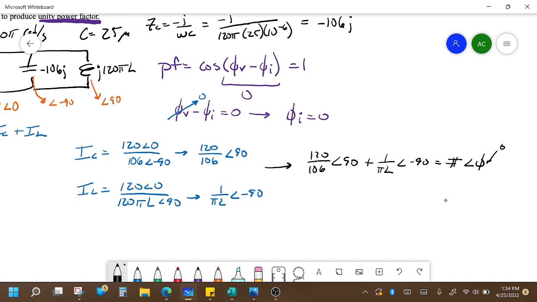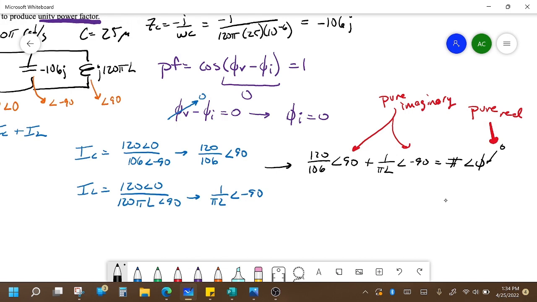Considering that an angle of 0 is purely real, and an angle of 90 is pure imaginary, that only means one thing: these have to cancel. So these equal each other because they have to cancel.